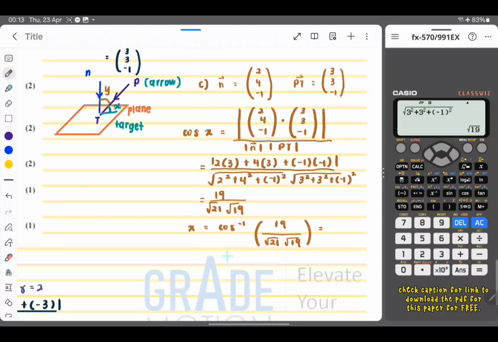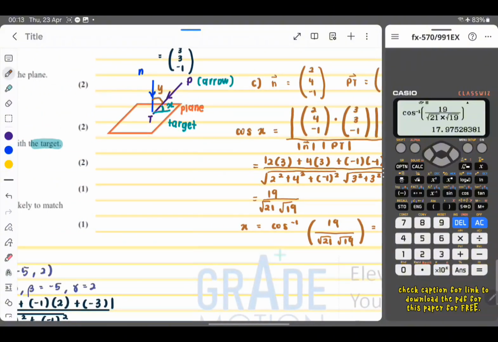They want us to give the answer to the nearest degree, so make sure we change our calculator so that it is in degree mode. So now it will be inverse cos of 19 over square root 21 multiplied by square root 19. Close bracket. I will get 17.975 degrees.